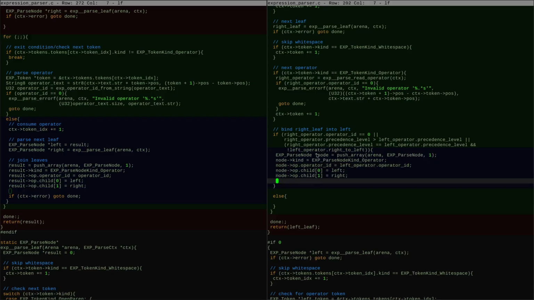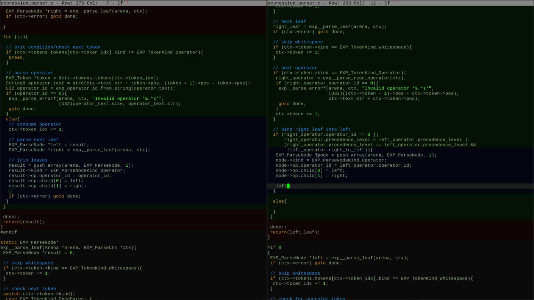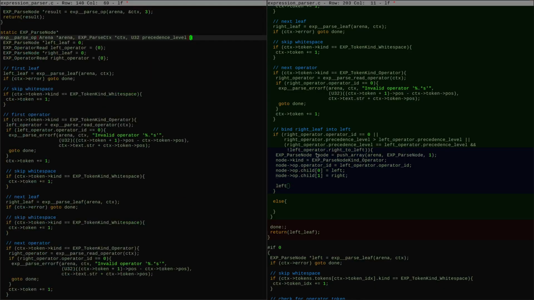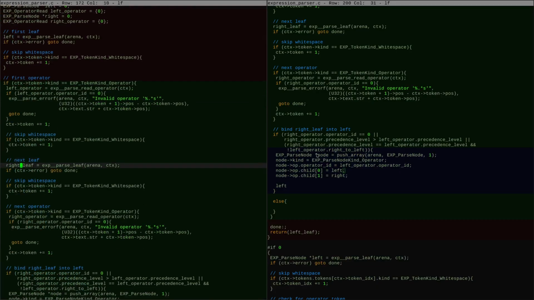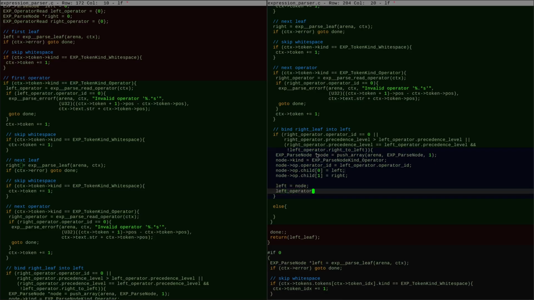And then the left becomes the node that we just built, and the left operator becomes the right operator.